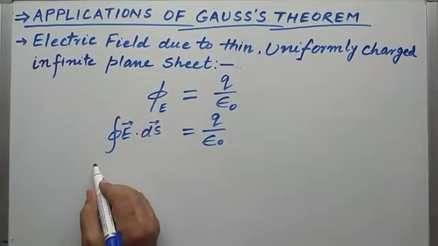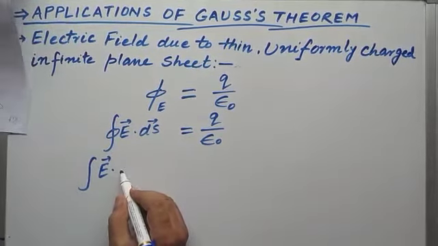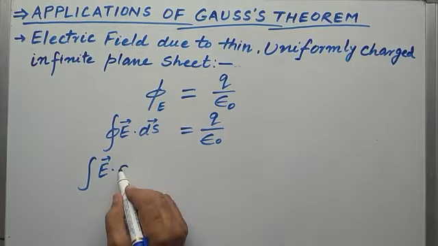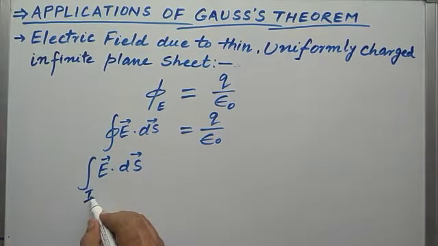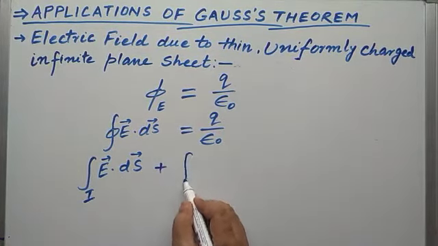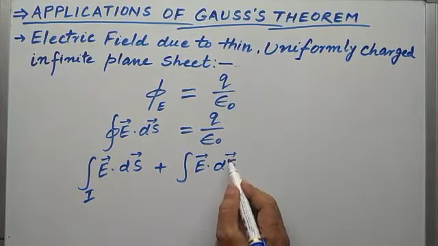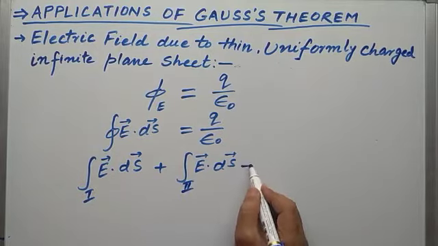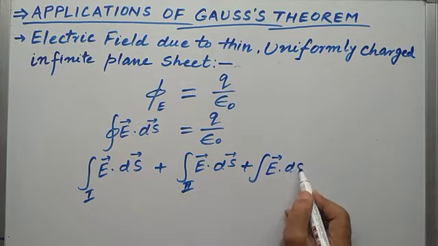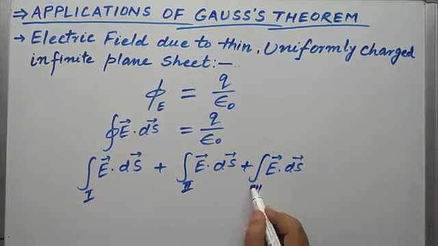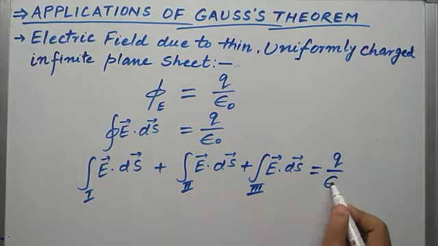Now we have the simple calculation. We can divide this into three parts: E dot ds for section number 1, E dot ds for the curved surface, and E dot ds for the left end cap, equal to q by epsilon naught.